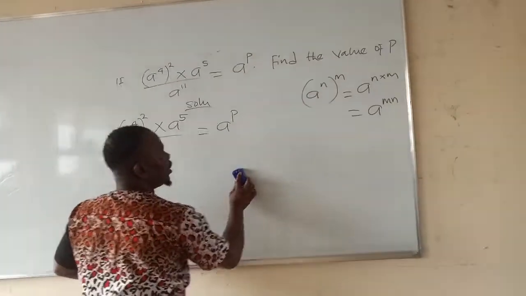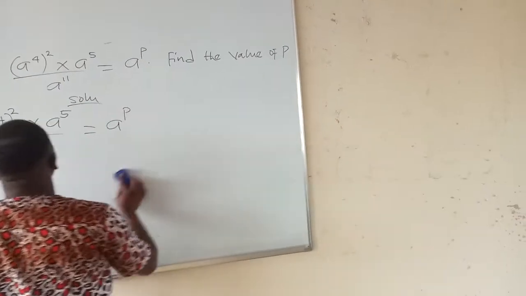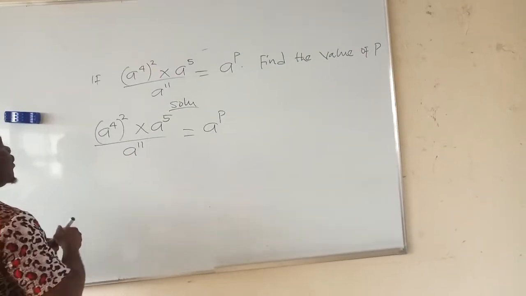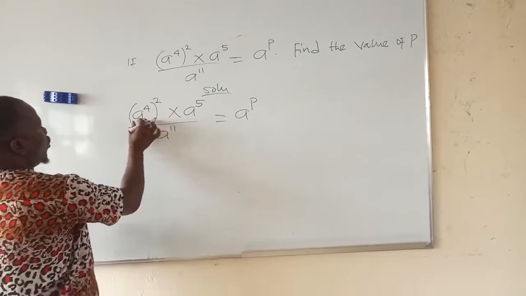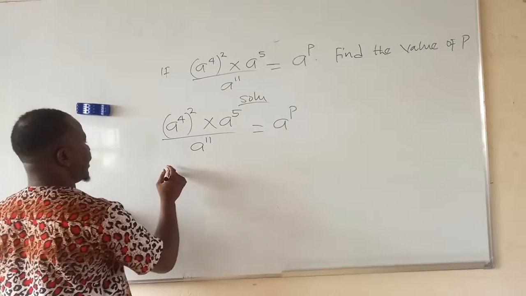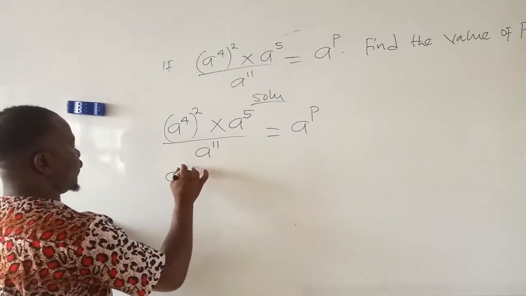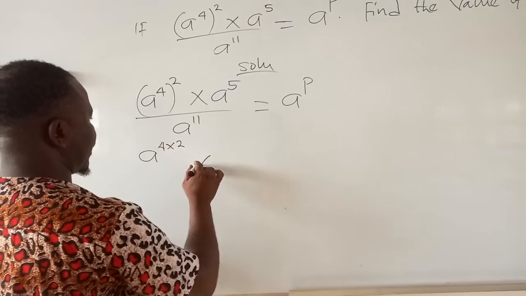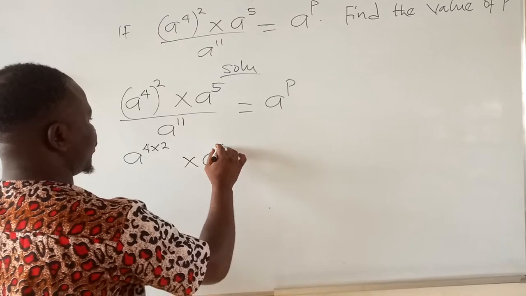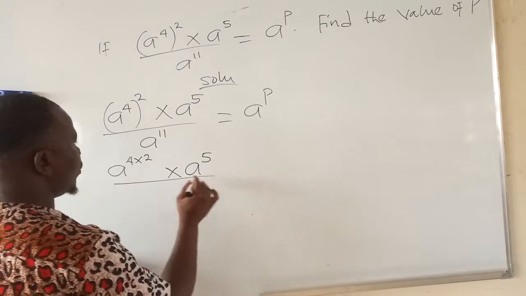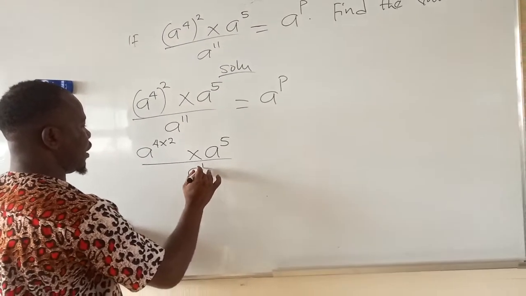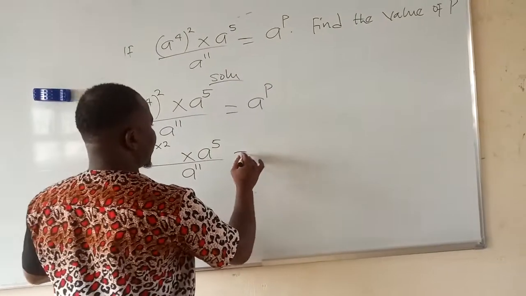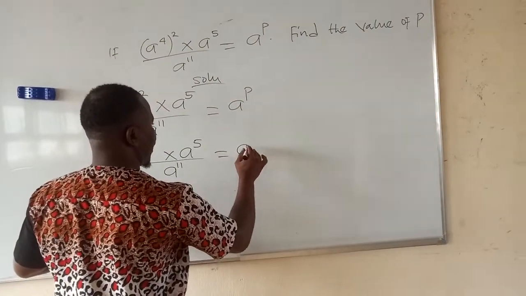So we are going to apply the power law here to open this bracket. So definitely here will be a raised to the power of 4 times 2, then times a^5 all over a^11, which equals a raised to the power of what?